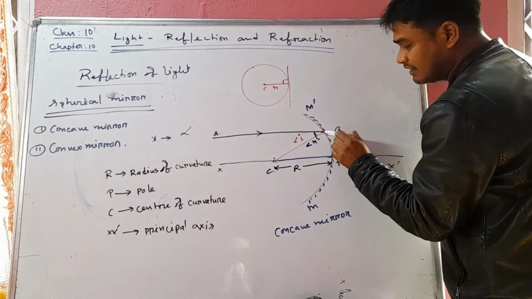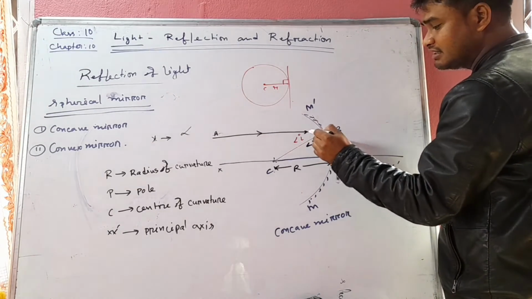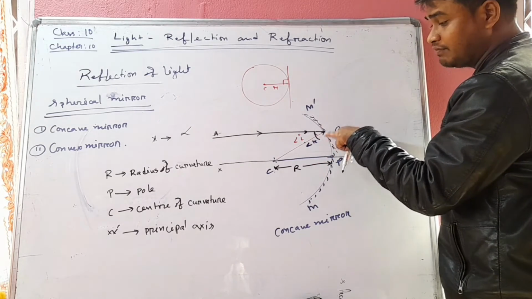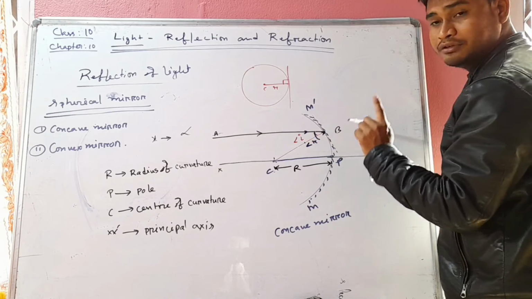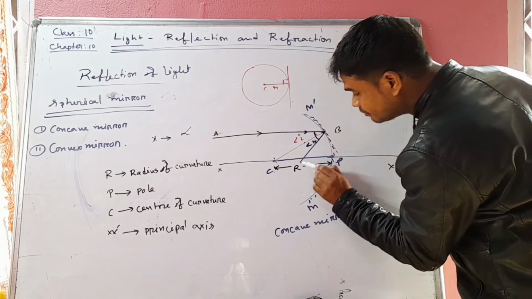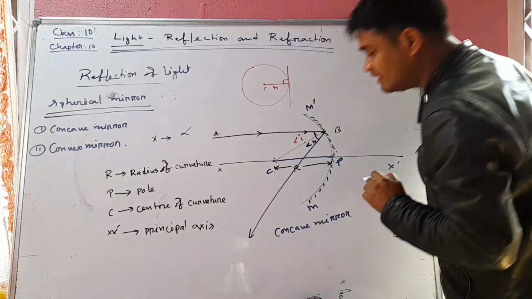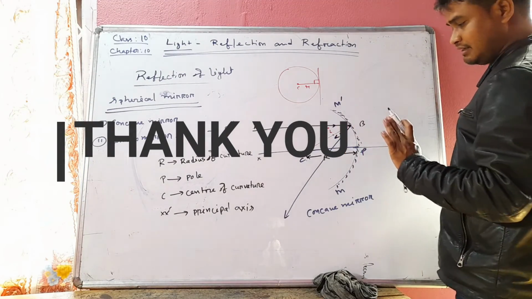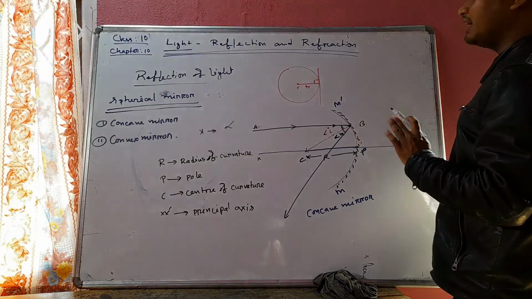This is the second law: the incident ray, the normal, and the reflected ray should come from this point, following the law i equals r. Then it will go like this. This is reflection by a spherical mirror.